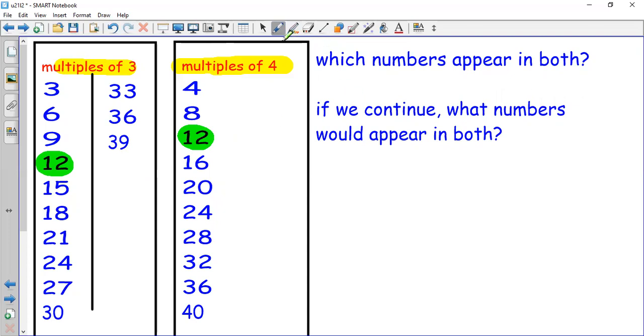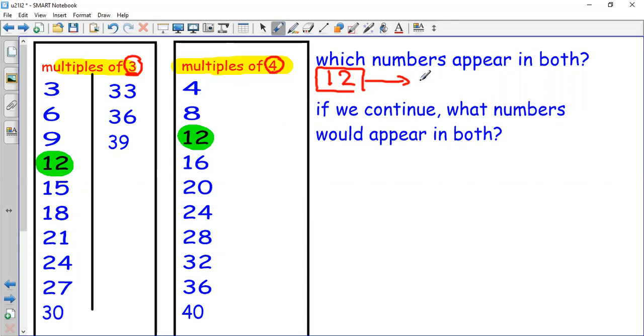So 12 appears in both lists. So I can say that 12 itself is a multiple of 3 and a multiple of 4 at the same time. So any multiple of 12 is a multiple of 3 and a multiple of 4.